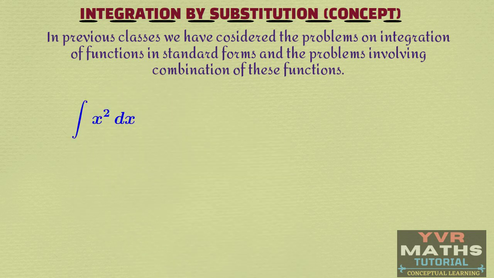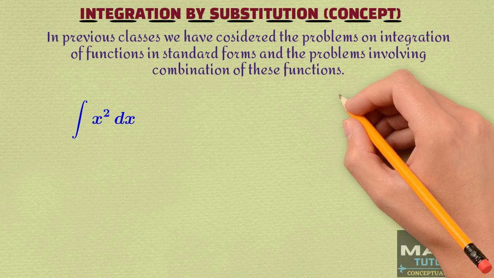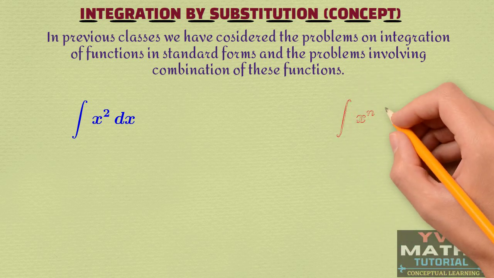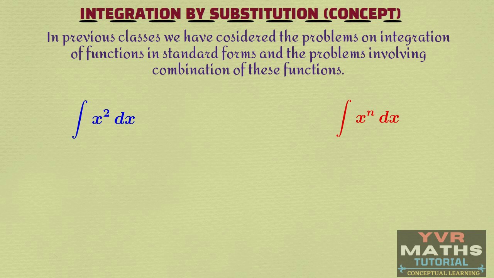Then how did we do this one? We considered this as integral x power n dx, and then we applied the standard formula to find the integration of the function x square. All the problems we did like this in the previous classes.